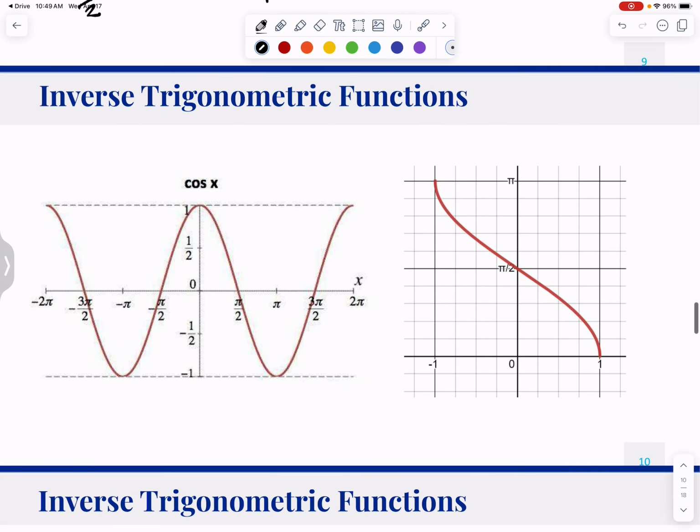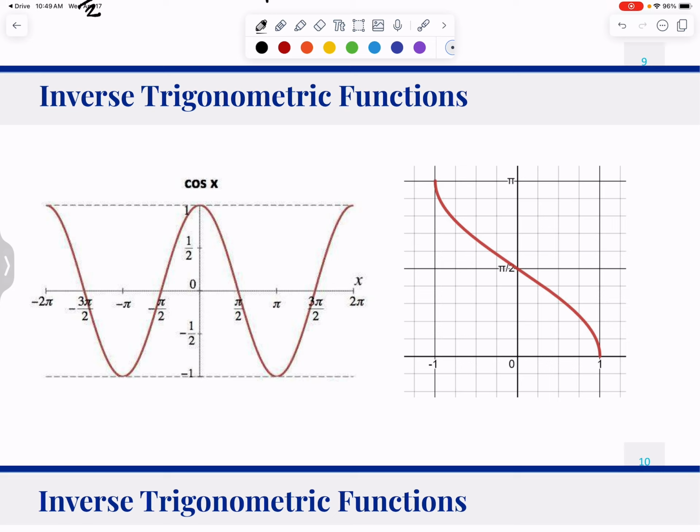Now let's move on to cosine. Just like sine, we have to restrict cosine because it's a periodic function. Periodic functions repeat, right? To have a period means that's how far it takes to repeat. So periodic functions have a period in which they have a unique pattern that over several periods will repeat over and over again.